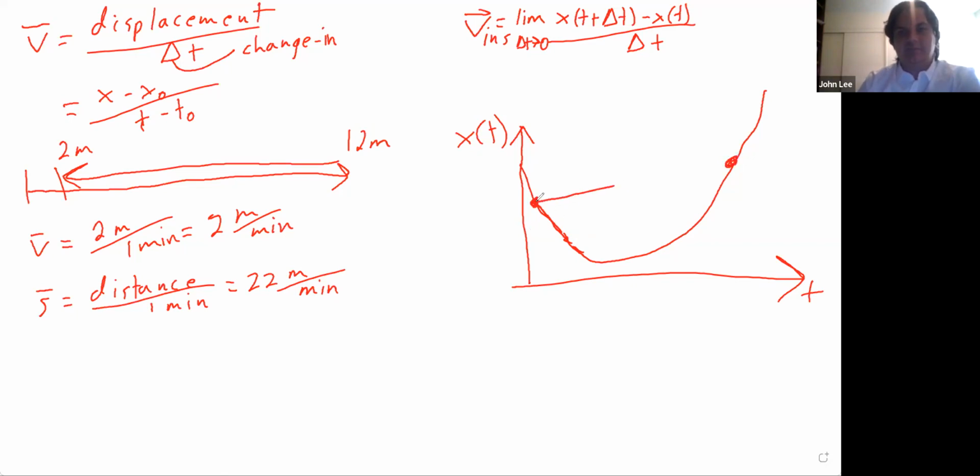So it's going to be delta t, and then the velocity equals the slope of that line.